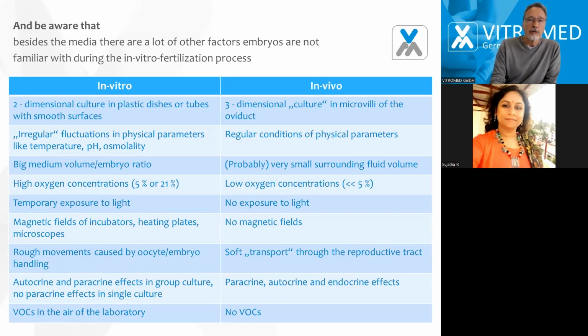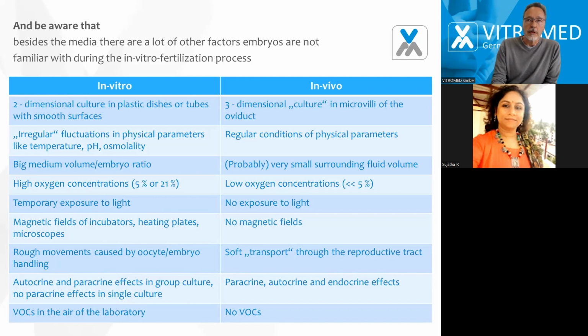We also have irregular fluctuations in physical parameters like temperature, pH, and osmolality every time we take the cells or the dishes out of the incubator. Yes, and then we bring them back, and then there's again another situation.